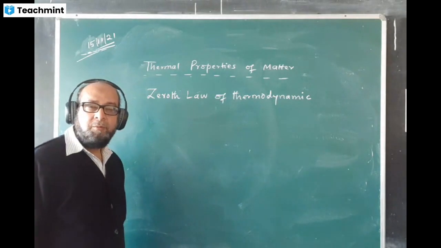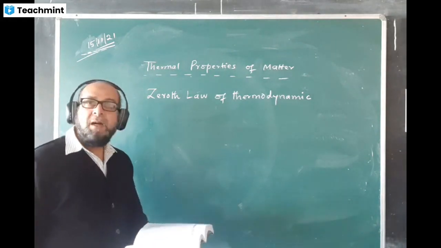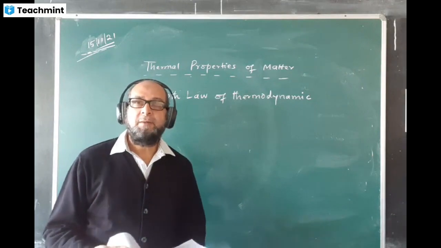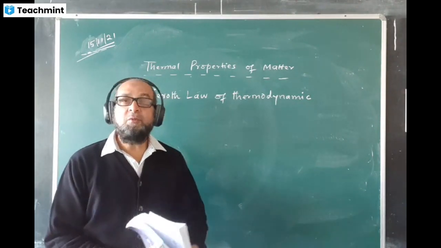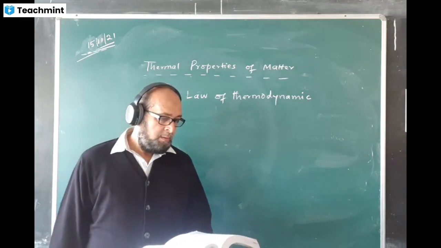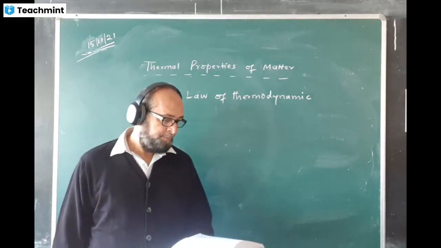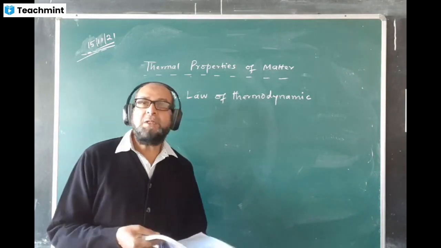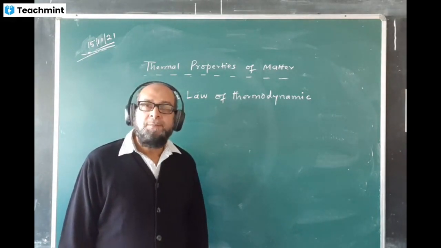When two bodies A and B are separately in thermal equilibrium with a third body C, then the bodies A and B are in thermal equilibrium with one another.